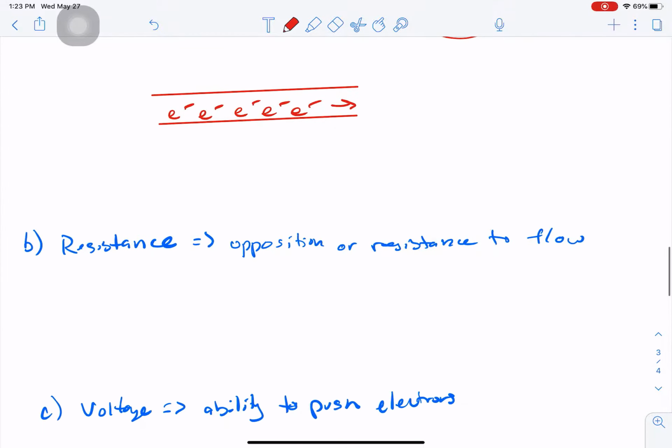Resistance. Resistance is the opposition or resistance to flow. Now, we know that electricity flows through material called what? Electrons, or they're carried, I should say, by electrons. They're those tiny charged particles inside the atoms, the negative guys. So, materials that conduct electricity are the ones that allow electrons to flow freely through them.